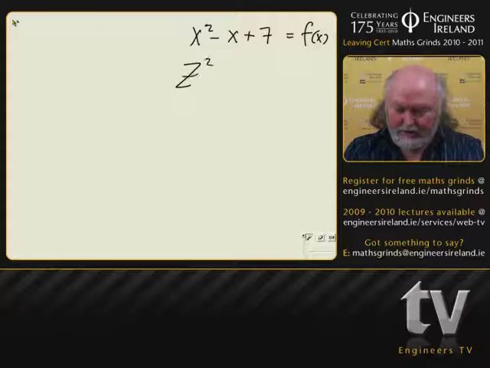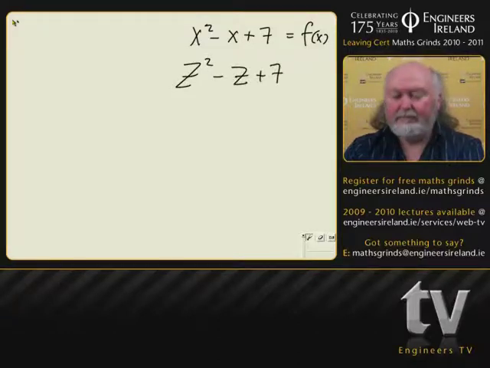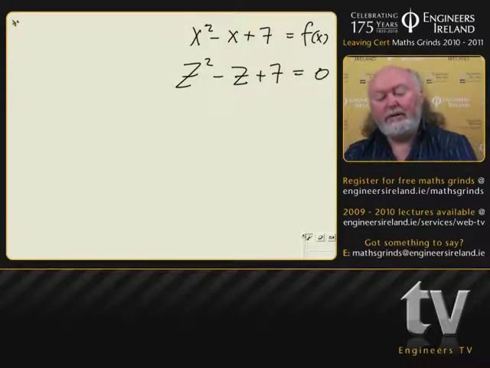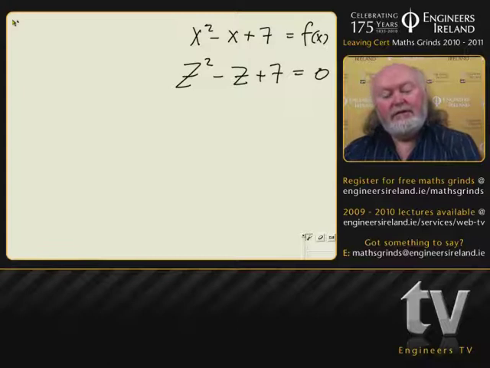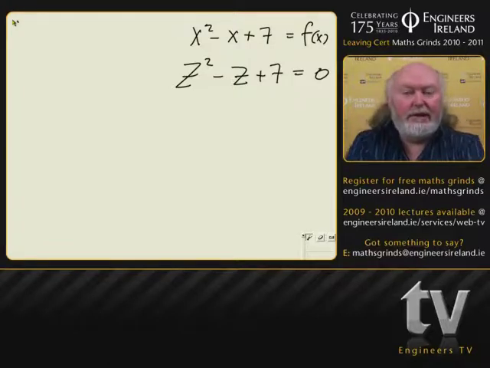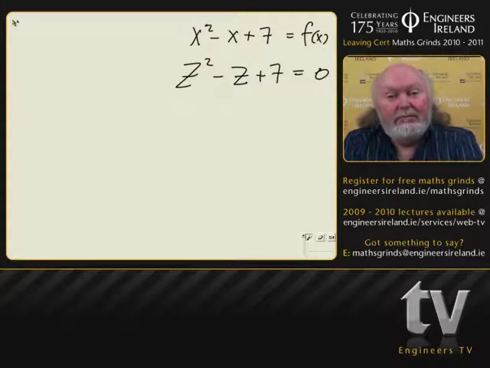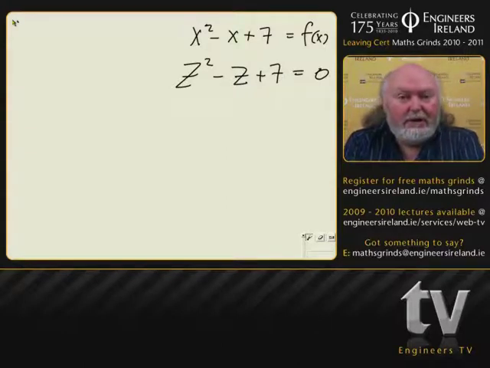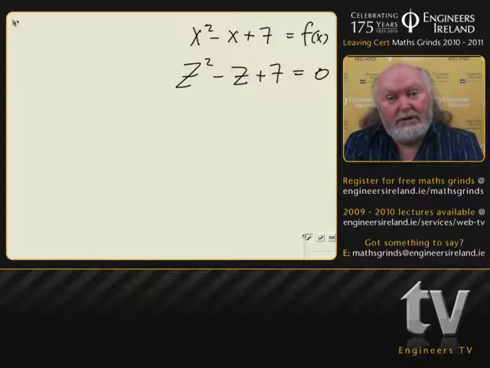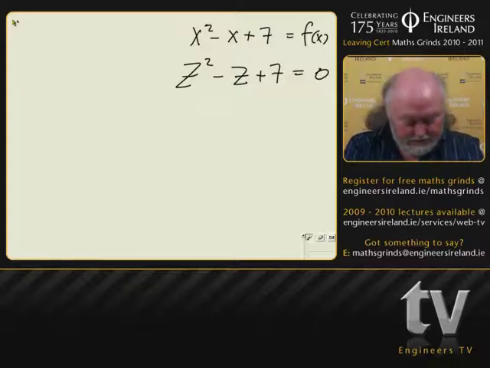It changes to this. And if we're looking for the roots of that particular equation, we'll set it equal to 0. So that's z. Now, because it's the last letter in the alphabet, if we happen to be talking about 2 or 3 different numbers, we don't have anything after the z, so we'll have z1, z2, z3. That's the way the system goes.